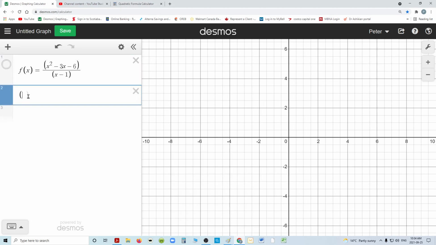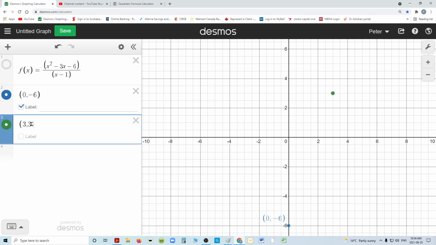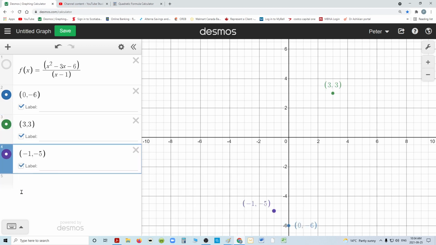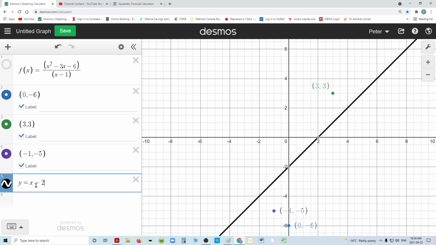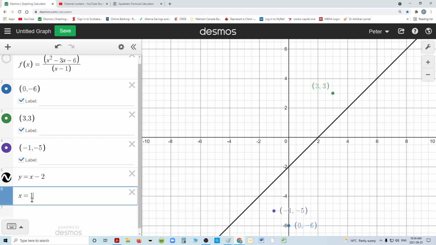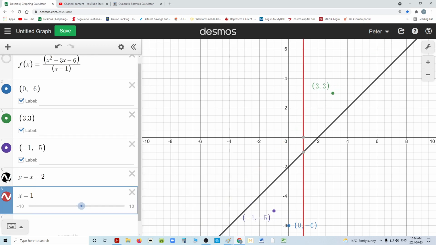I know that it's going to go through 0 comma minus 6. I know it's going to go through 3 comma 3. And that's going to be a min. I know it goes through minus 1 comma minus 5. And that's going to be a max. What other points did I collect? Oh, here's the horizontal asymptote. And here's the vertical asymptote. I'm going to make both of them red.